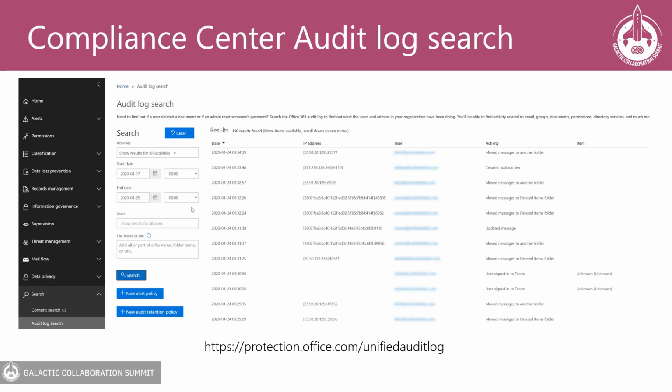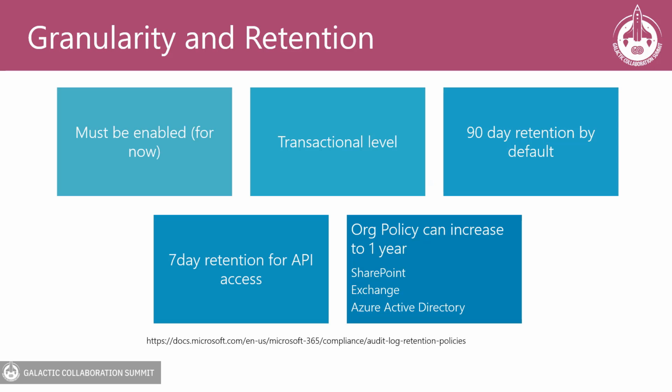And get item level detail, and that's what you're seeing here. So you can see on a specific date and time, what IP address, and what user did what on what. And there's quite a lot of detail around, depending on what the activity was. There's an awful lot of metadata that you can dive into on each one of these items.